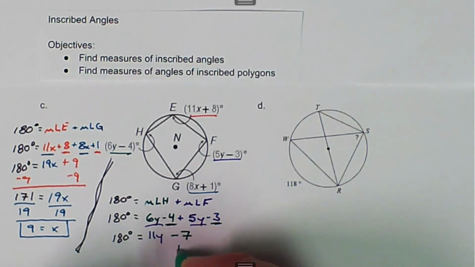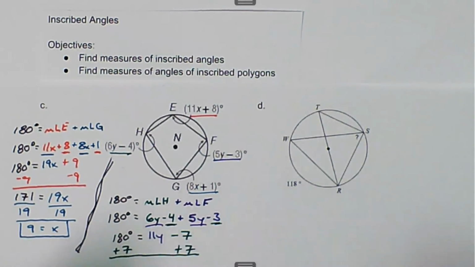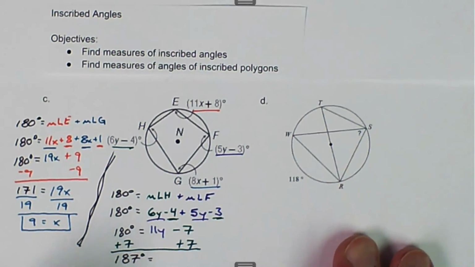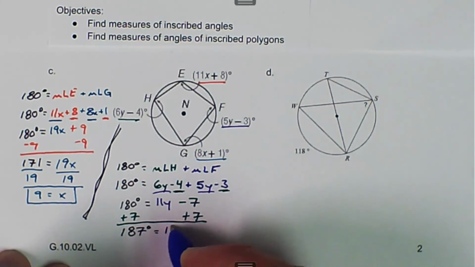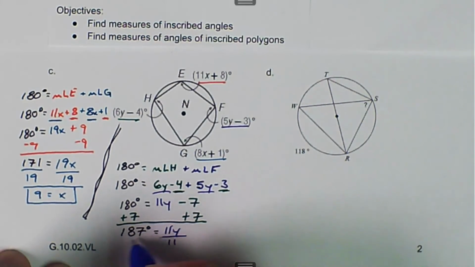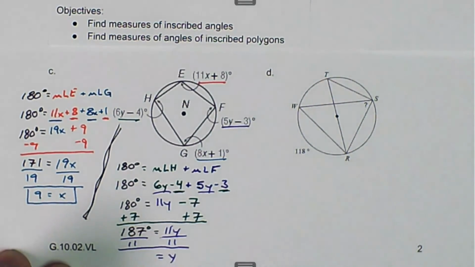Then we can add 7 to both sides of the equation, and we get 187 is equal to 11y. Divide by 11, divide by 11, and we get y is equal to 17.